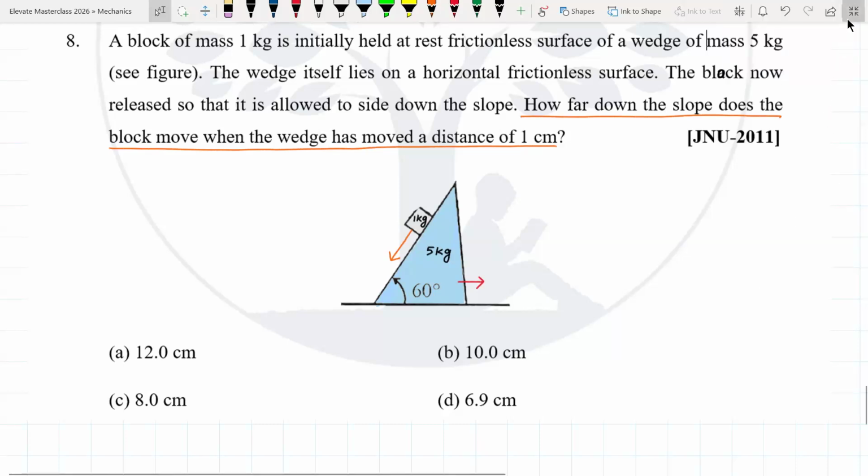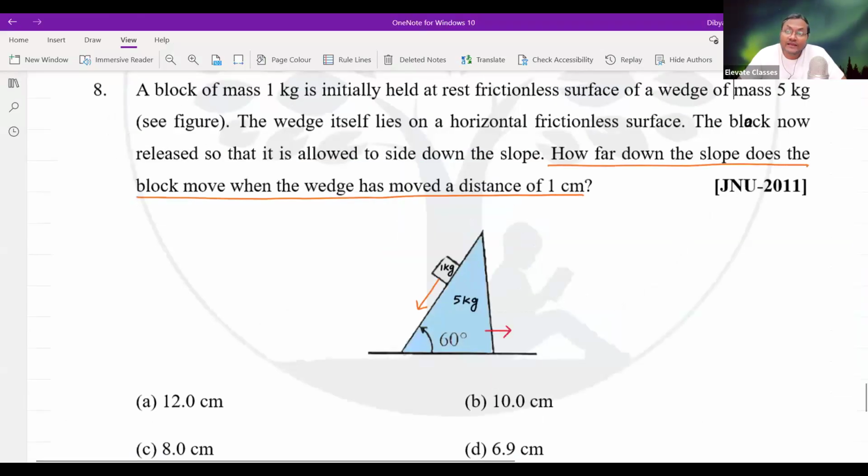I said that you need to have a fixed coordinate system, and with respect to it, you need to measure the positions of the wedge and the block. Yes, sir, it is fixed. When the block and the wedge were at rest, I took the center of mass of that position at x equal to 0. After that, I didn't change it.